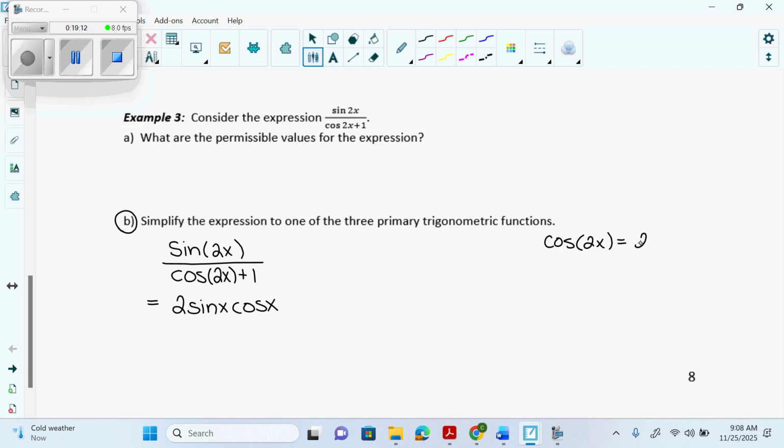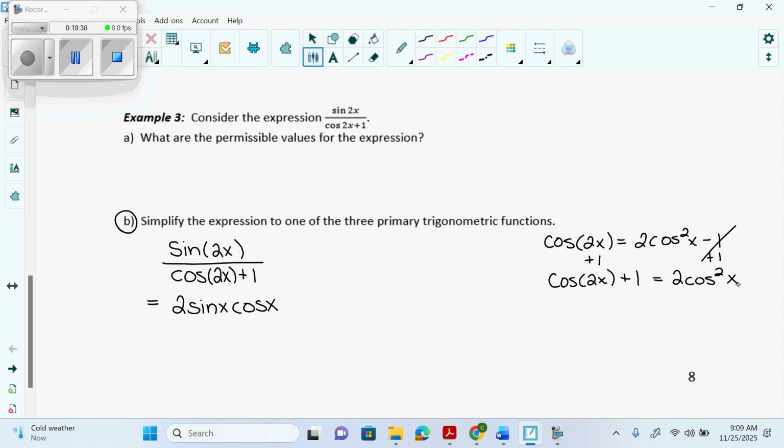So I have 2 cos squared x minus 1. I can add this 1 over and get cos 2x plus 1 equals 2 cos squared x, and just replace the entire thing with 2 cos squared x. If you can spot that, way faster.